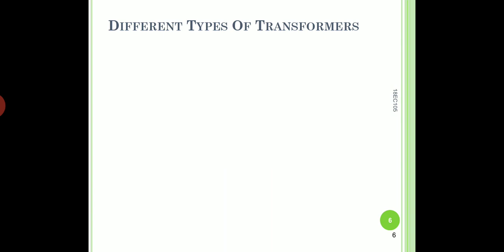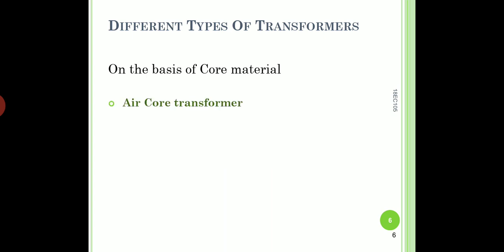The different types of transformers. Let us see now. Our basic objective of this session is to know about the different types of transformers. On the basis of the core metal used for transformer manufacturing, they are broadly divided into two categories, that is air core transformers.